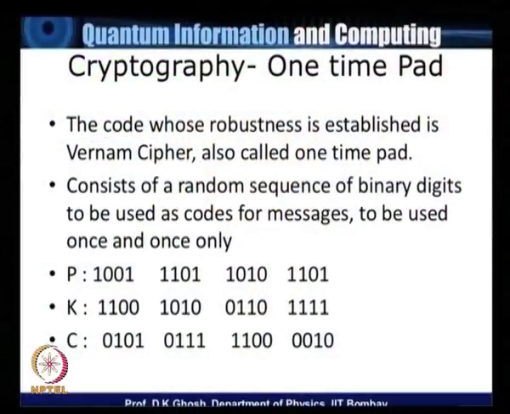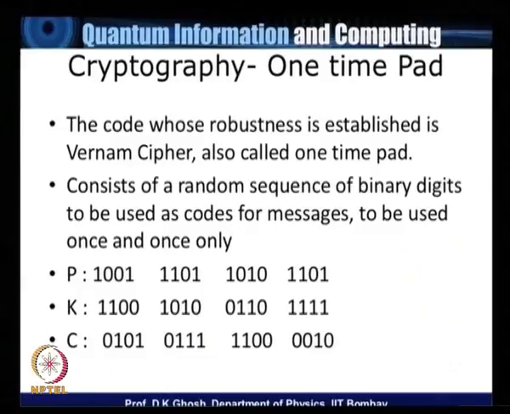So let us look at what is a secured communication. Is there any communication which in principle is secured? Now it turns out that most of the codes may be broken given enough time.